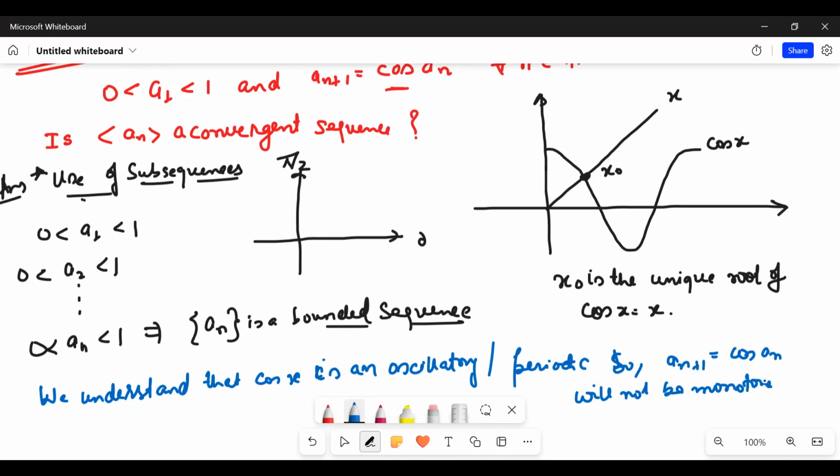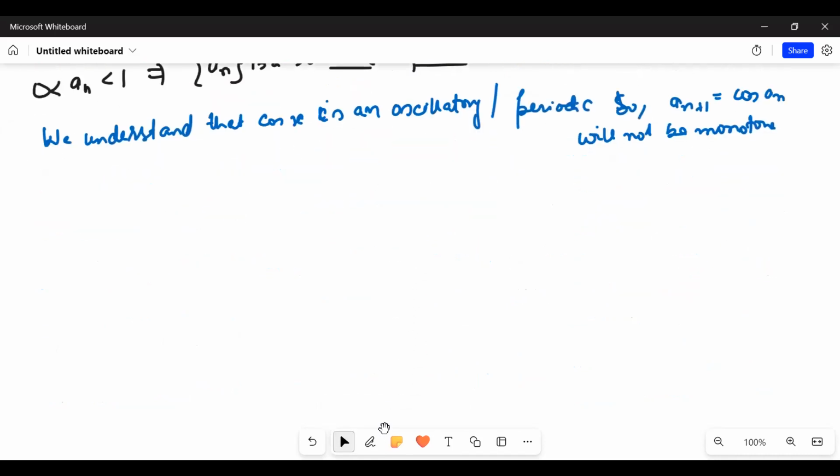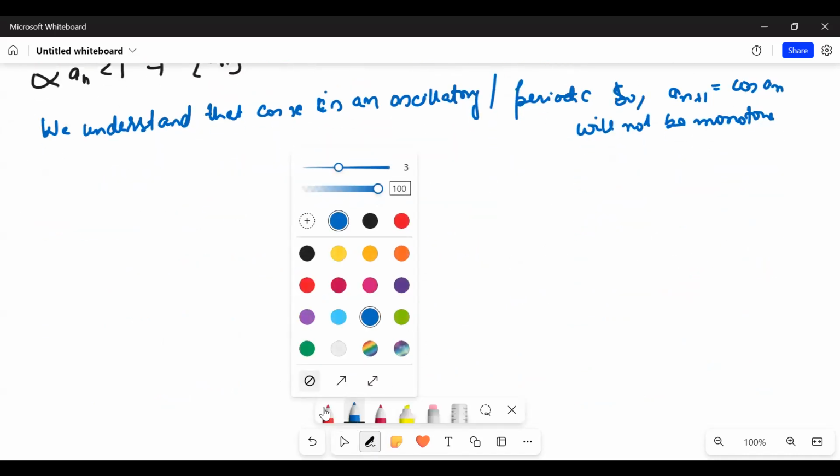Monotone means either increasing or decreasing, but cos decreases, then increases, so it cannot be monotone, clearly. So we'll keep an eye on odd subsequences and even subsequences. And x naught, please do remember, x naught is the unique root of cos x equal to x. So just keep an eye on all these things, and let us start with the question.